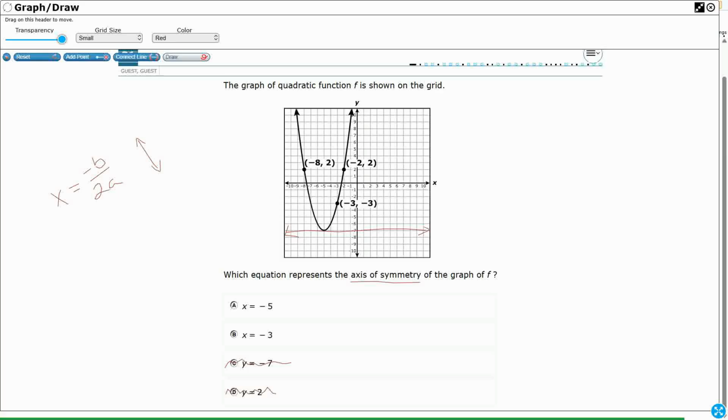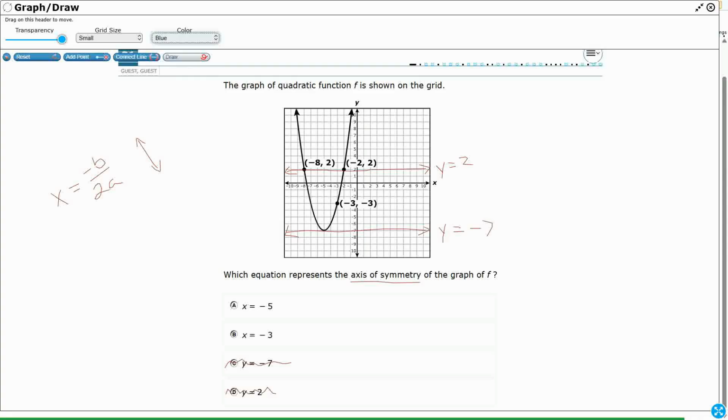That's a horizontal line. And then y equals 2 is another horizontal line. Now it does go through those two points, but they're just random points, so that's not looking like an axis of symmetry. So y equals 2, y equals -7.